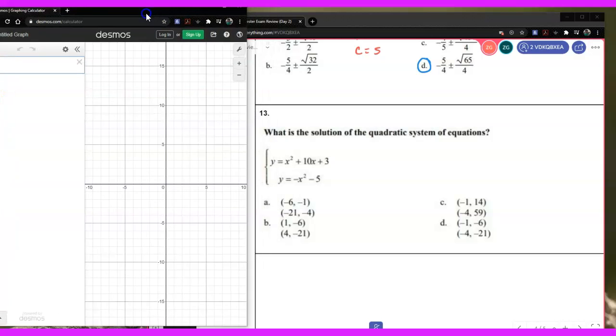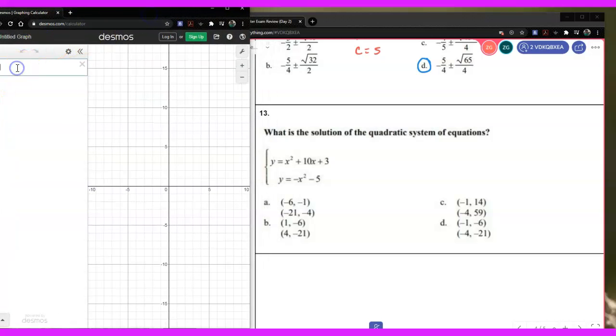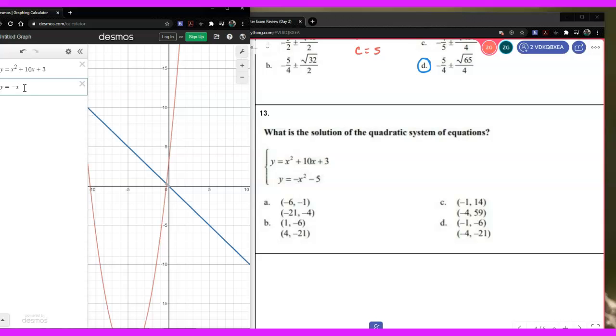And what I want you to do is graph y equals x squared plus 10x plus 3. And then the other equation is y equals negative x squared minus 5, and make sure it's correct.